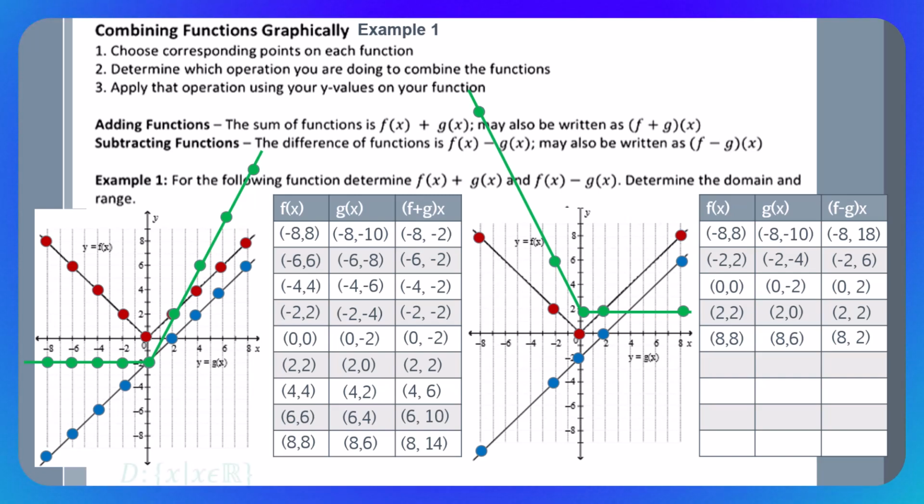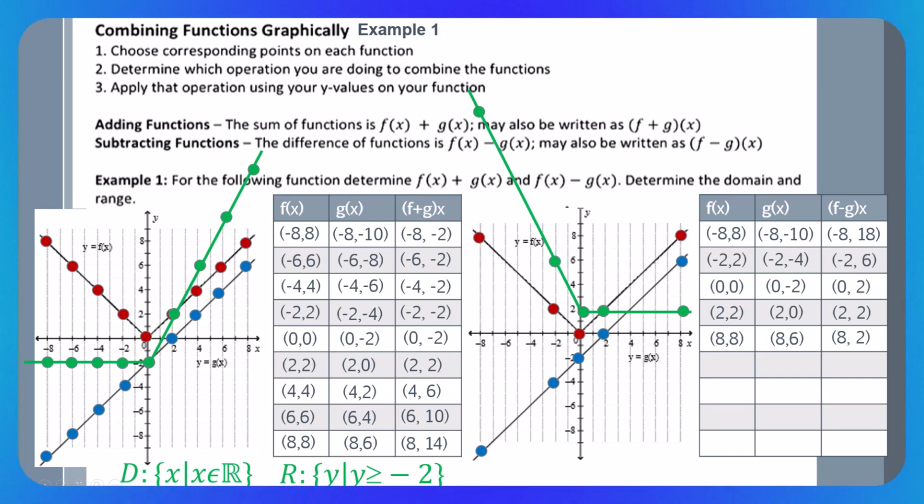Now we're going to combine functions with subtraction. But before we do, let's look at the domain and the range. The domain is what can your x values be, your inputs can be x such that x is any real number. Let's use this notation.